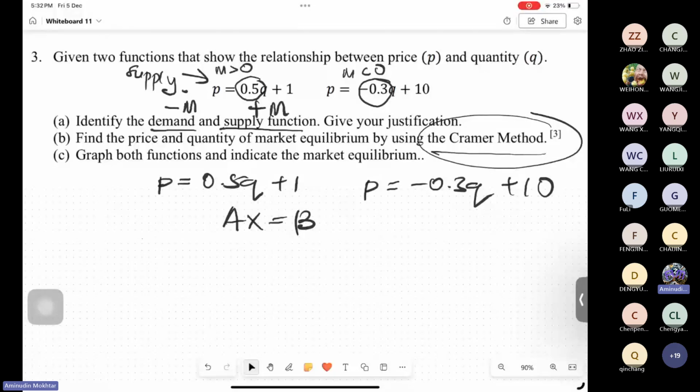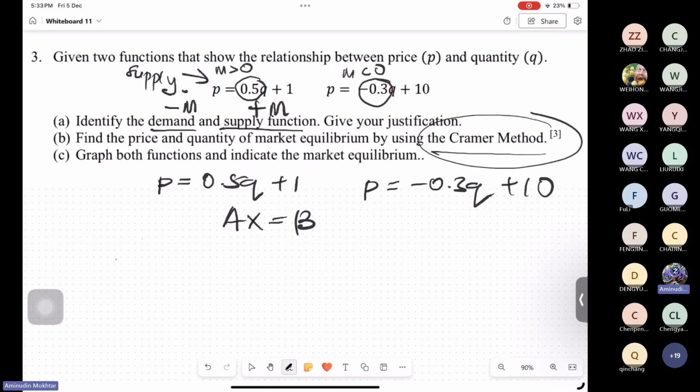What is A? Before we can find A, x, and B, we need to rearrange the equation. We put all the variables at the left hand side and the intercept at the right hand side of the equation.